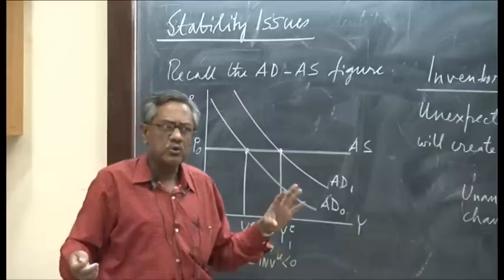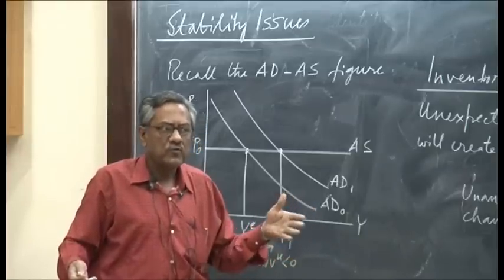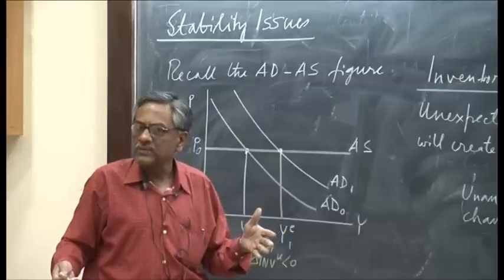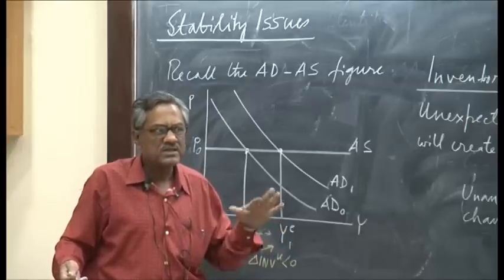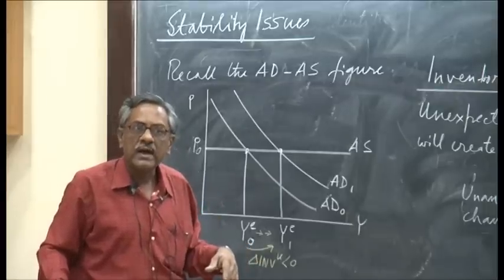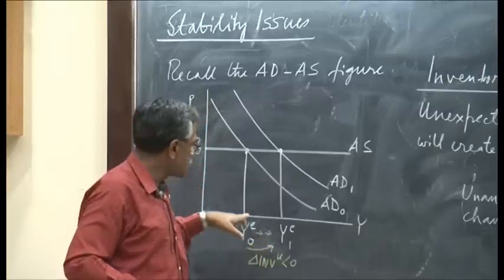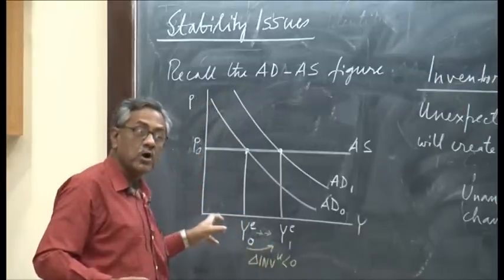So when companies notice that the unexpected change in inventory stock is positive for a few subsequent periods, that means the market is experiencing a slump in demand. So they go to the production floor and adjust and readjust their production level so that the output starts falling to the new output level.